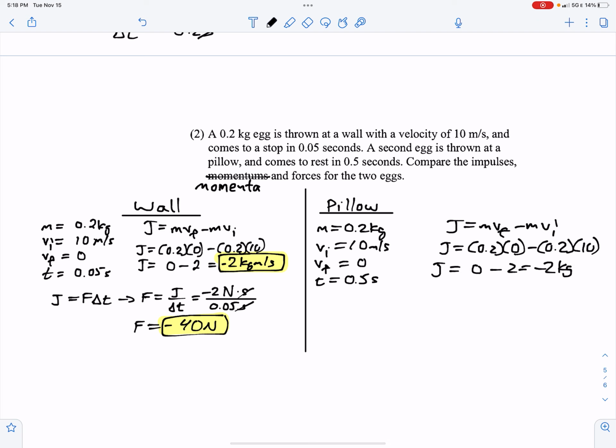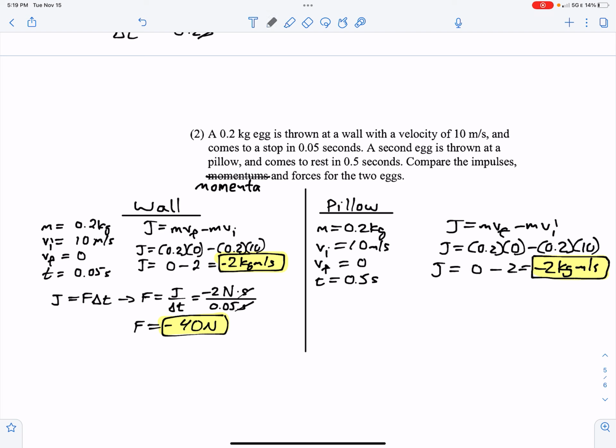So if you see, ladies and gentlemen, when you have the same initial speed given to two different situations, they're going to have the same change in momentum because they're going to have the same initial speed, same final speed, and same mass. Therefore, same impulse.